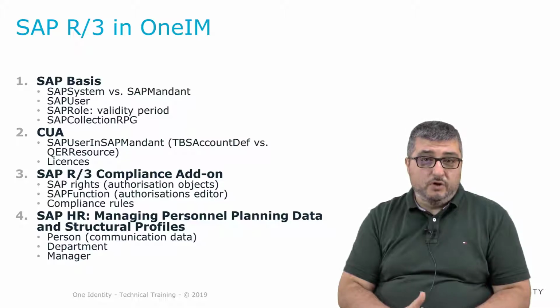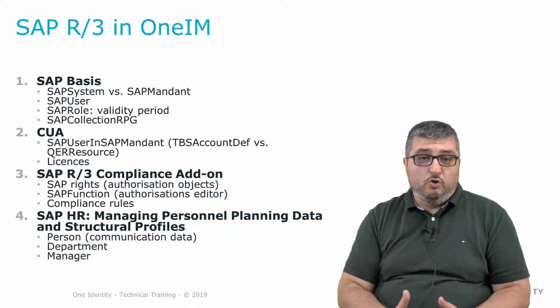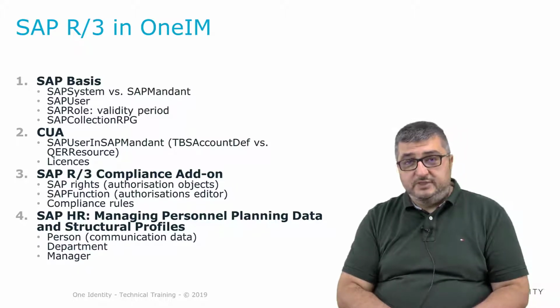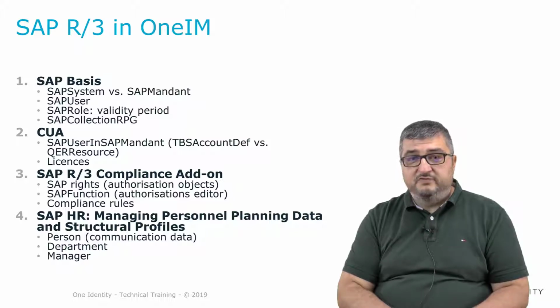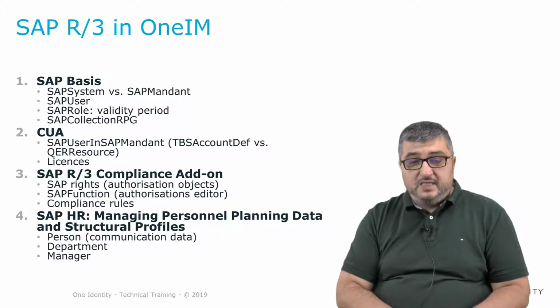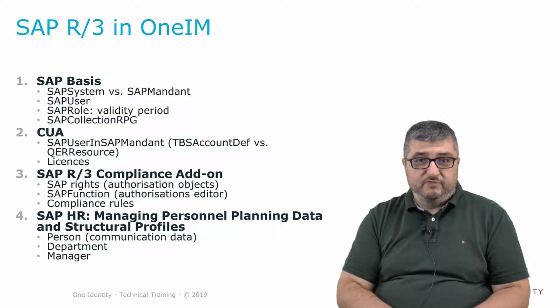The compliance add-on uses tables that hold information about SAP rights, like Subtransaktionen or authorization object field. SAP HR does not have specific SAP relevant tables, but in the HR case, the information is directly synchronized into One Identity Manager tables for persons, departments, and the manager relation. Additionally, the HR structural profile component is synchronized into specific tables that are available for structural profiles.